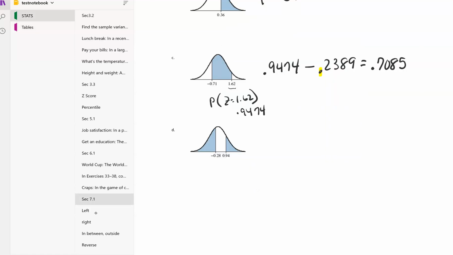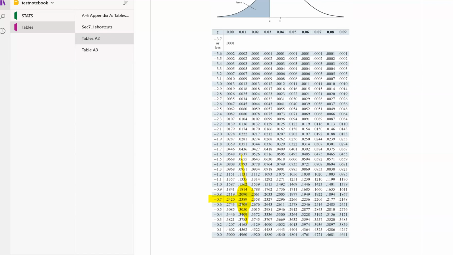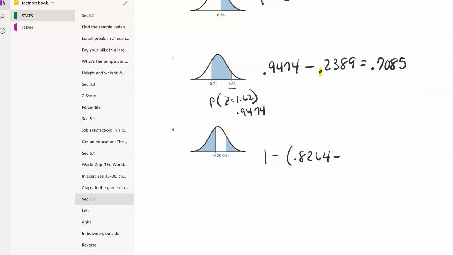So it's going to be 0.8264. Now I look up the next one, a negative 0.28. Negative 0.2 is here, and the 8 is up here, so it's right here, 0.3897.